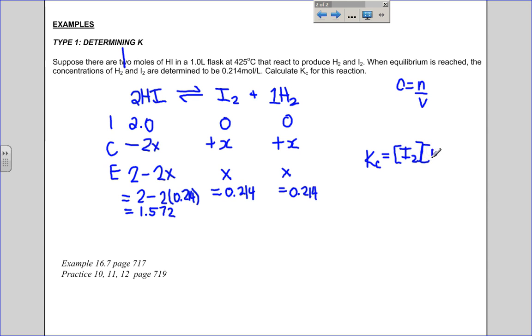For this reaction, the equilibrium law is the concentration of I2 times the concentration of H2 over the concentration of HI squared. Now it's really important that when you're using this expression, because I'm calling it K, the only concentrations that I will plug into it are the ones from the equilibrium row. So it expects that these are equilibrium concentrations. So I can plug in the values that I have.